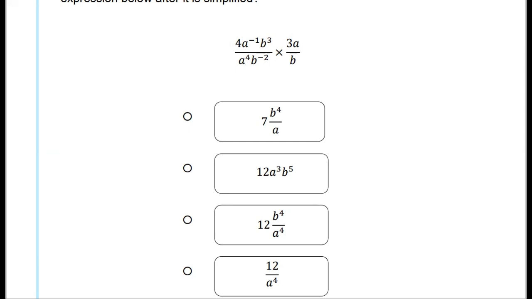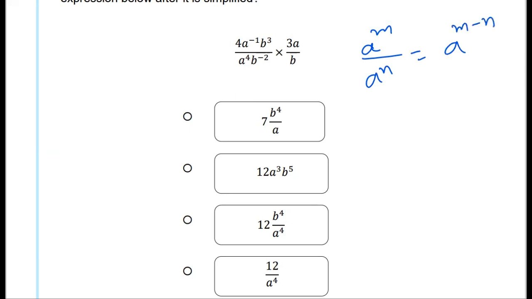So first of all, you need to understand a couple of exponential rules. The first one is a to the m over a to the n, which is equal to a to the m minus n.